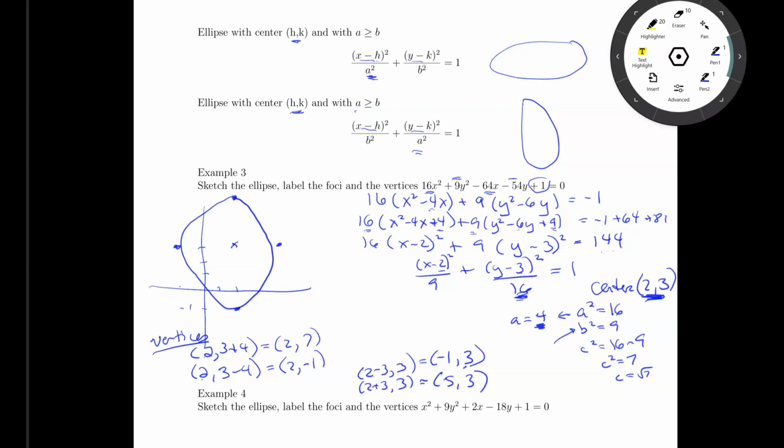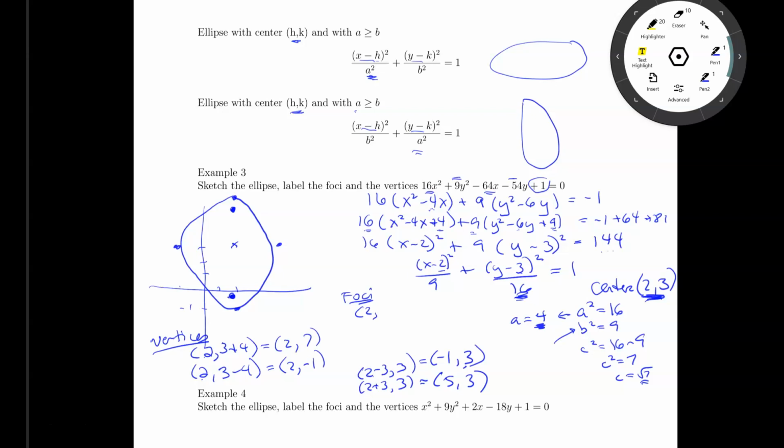Okay, last thing to find is the foci. The foci are going to be here and here, the little points on the inside of the oblong parts. It's still going to be the x value of 2, and then I'm going to add and subtract root 7 to my y value.